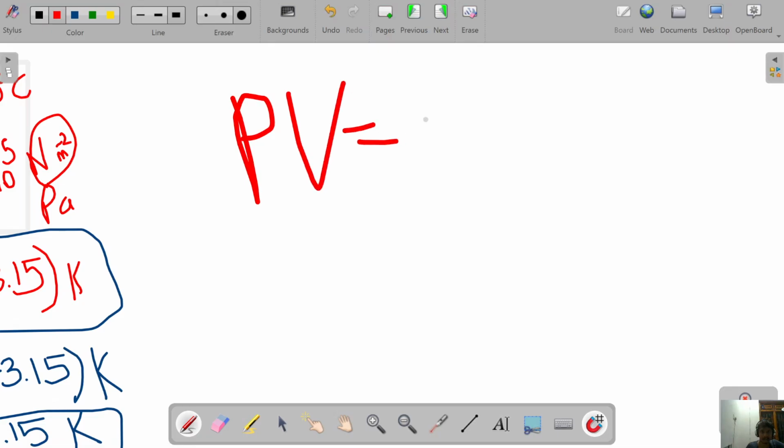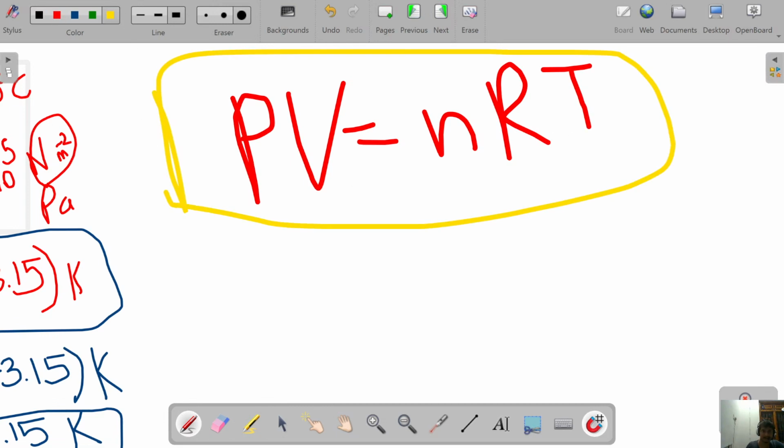But this equation is only for ideal gas, and this R is the universal gas constant.